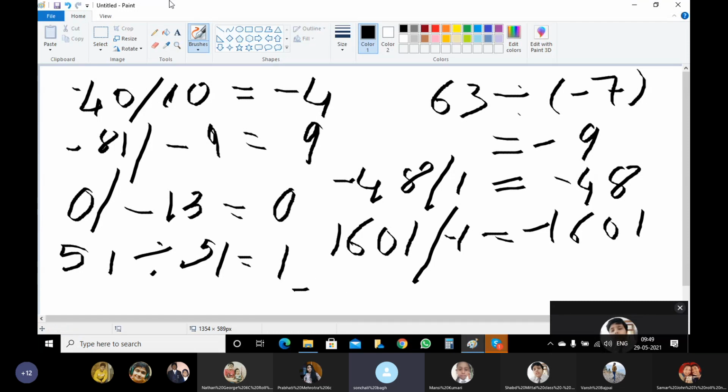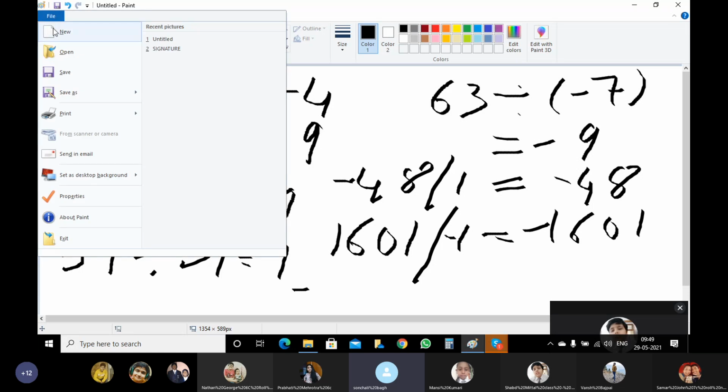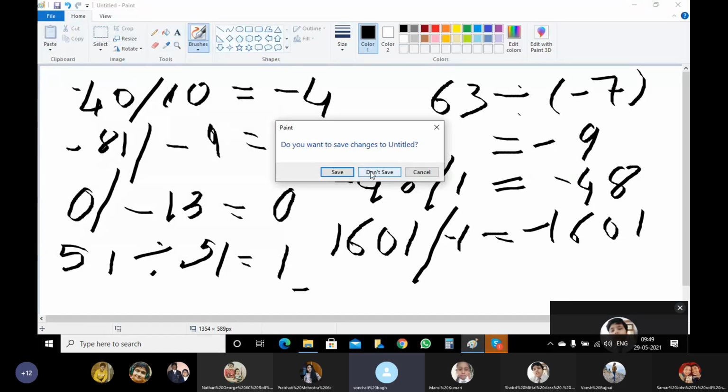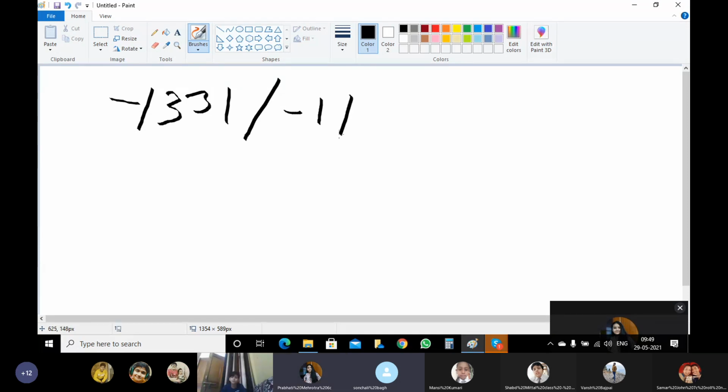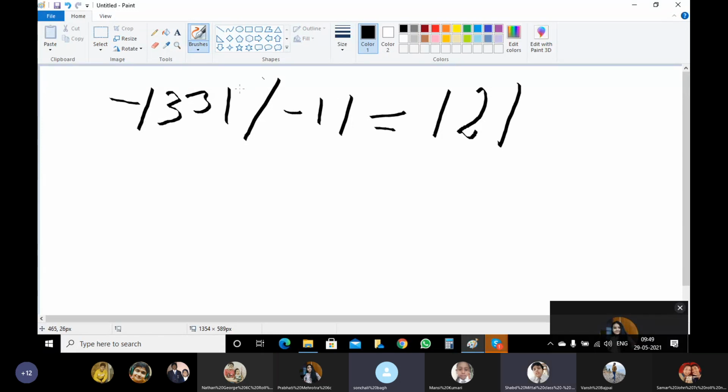And finally, minus 1331 divided by -11. The answer is 121, because it's a cube. If we multiply 3 times 11, we get 1331.